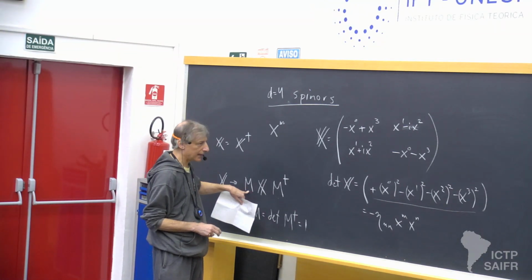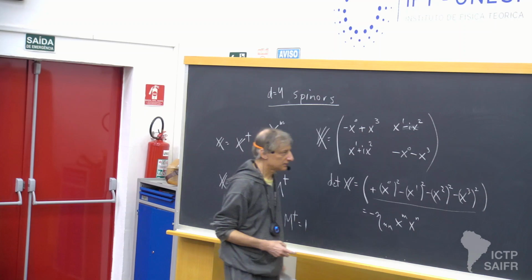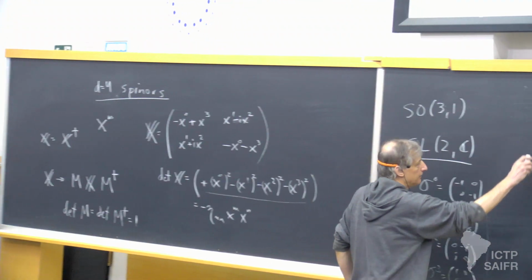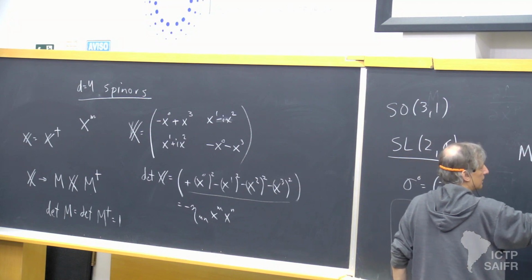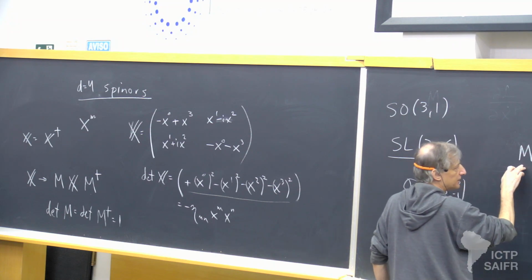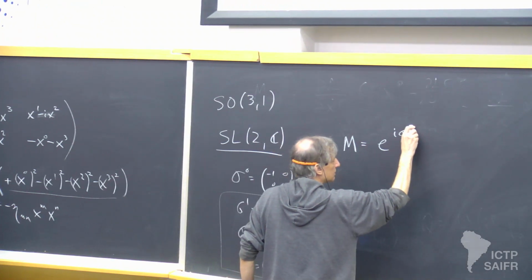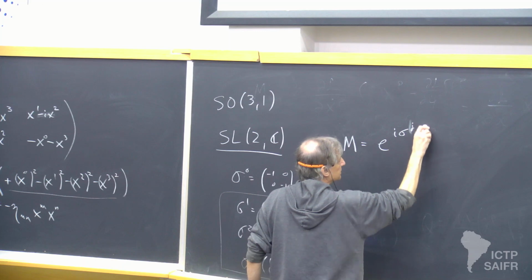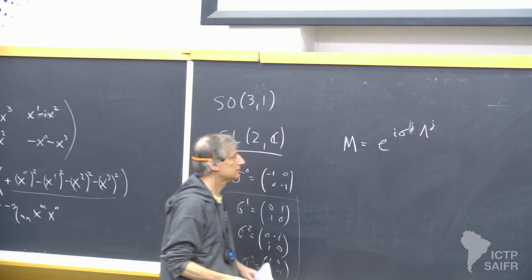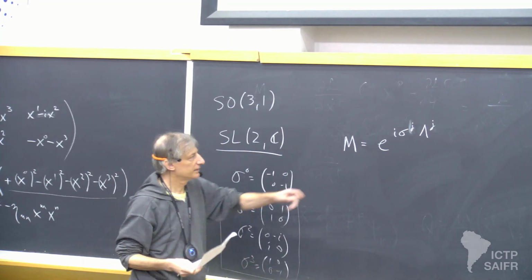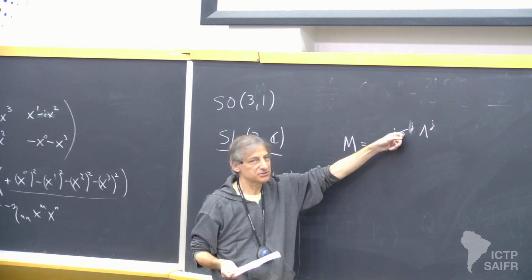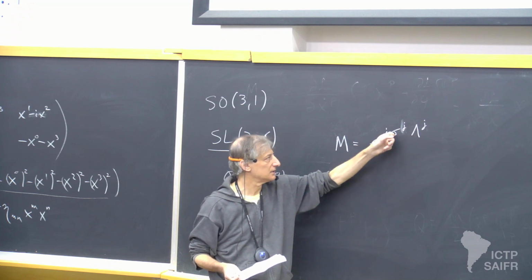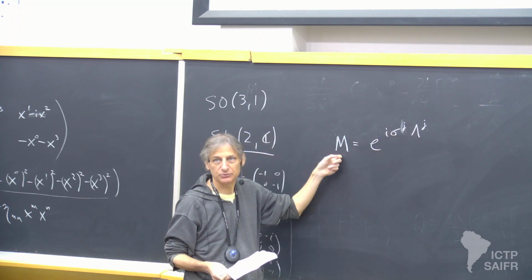So these M's, if you remember about defining the determinant, if you define M as the exponential of something, so this is a 2 by 2 complex matrix, let's call this lambda j. Then if these Pauli matrices are traceless, so these are 2 by 2 matrices, these are just parameters, then this will have determinant 1.